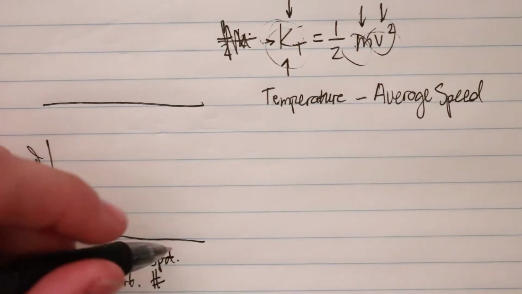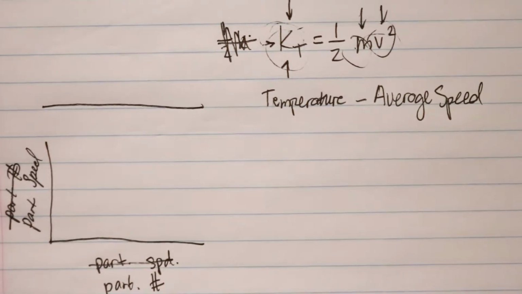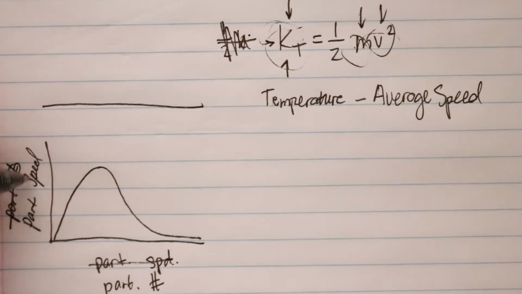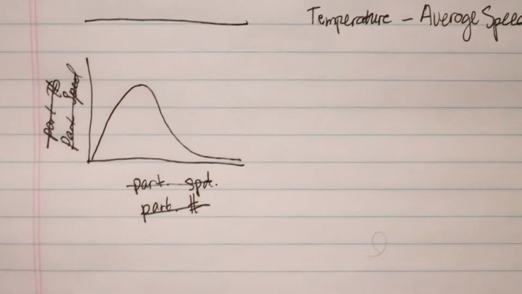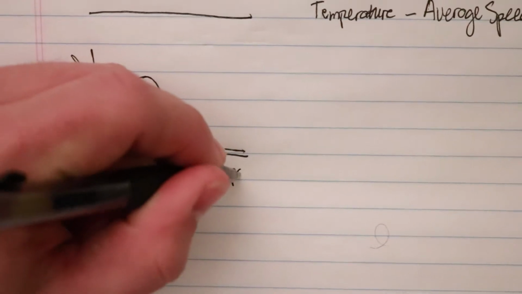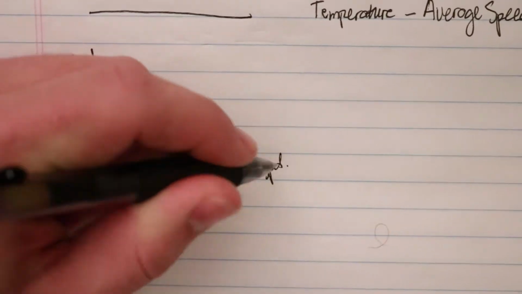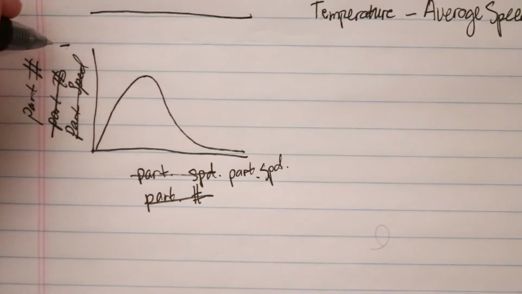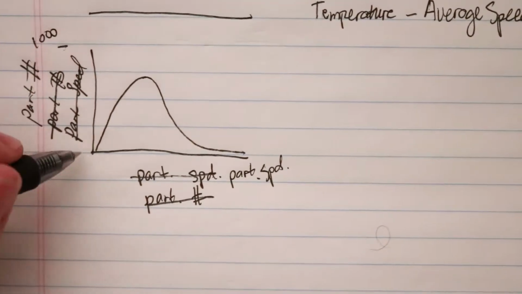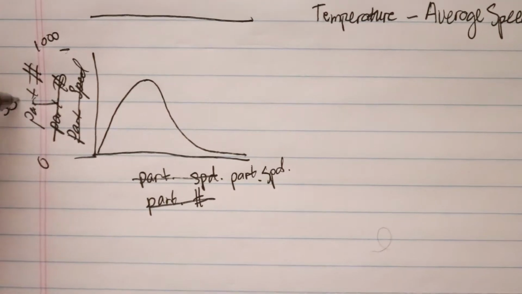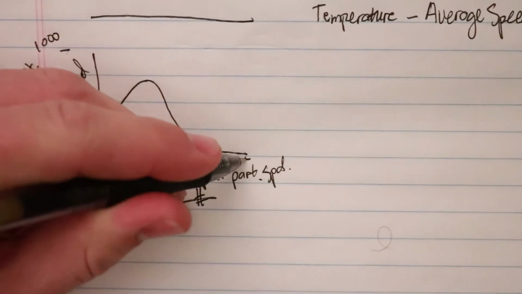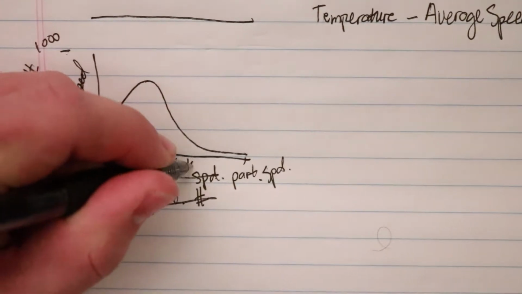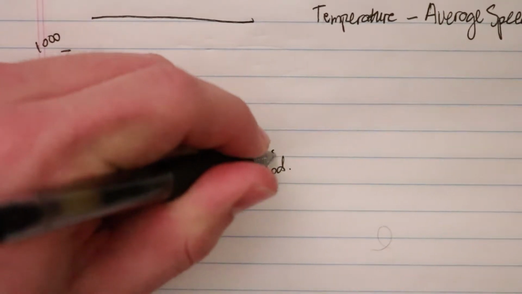Oh, nope, I was right the first time, my bad. It is particle speed, and this one is particle number. And so this would be like 1,000, and this would be like 0, and in the middle would be 500. And these would be different meters per second. So 0 meters per second, 100 meters per second, 200 meters per second, the particle speed.